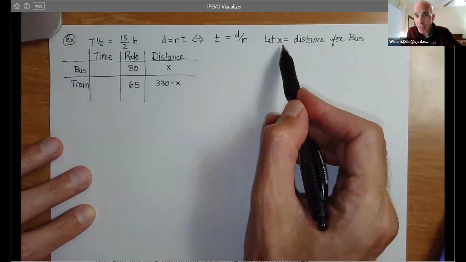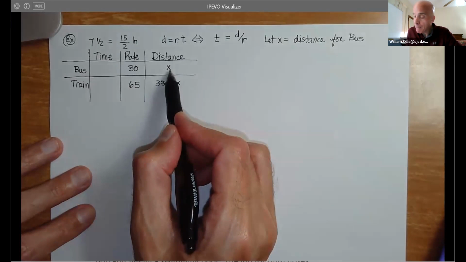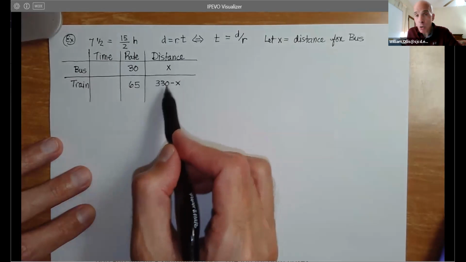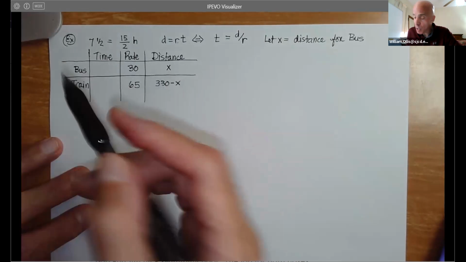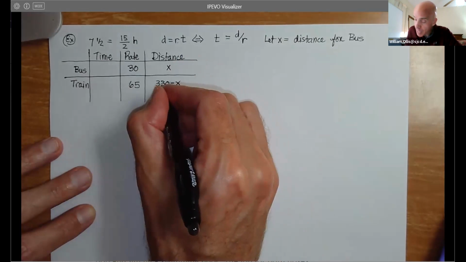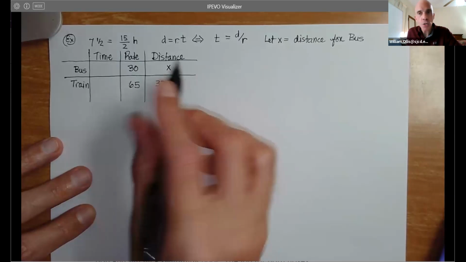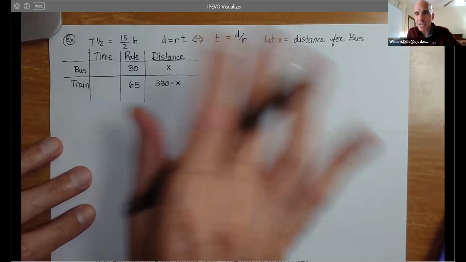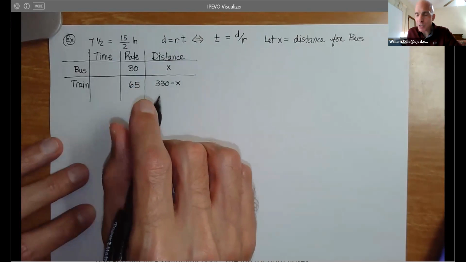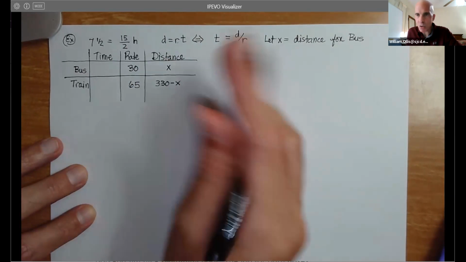And now I go over here and say the distance traveled by the bus is X, the total distance is 330. So this goes back to the mixture problems. The distance for the train will now be 330 minus X. So remember, all of these basic techniques we've used with the mixture problems, we can now use here, and it's not so bad.